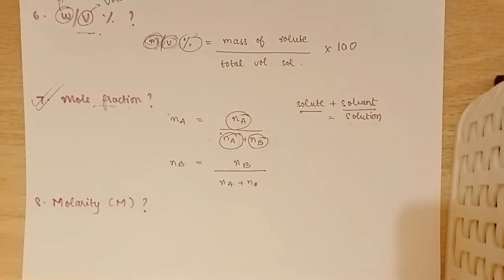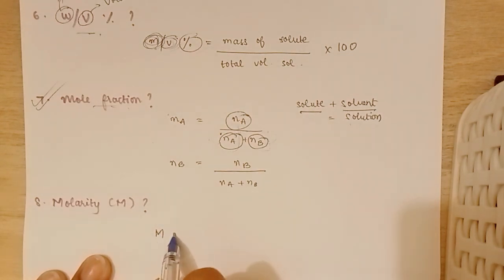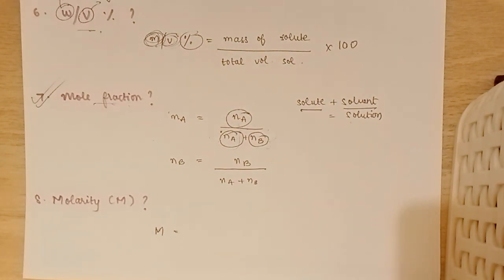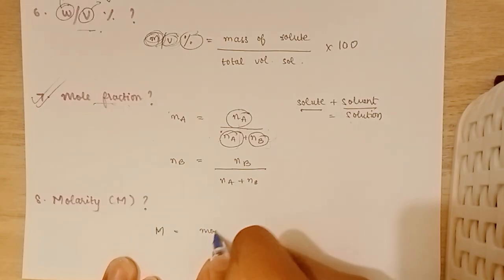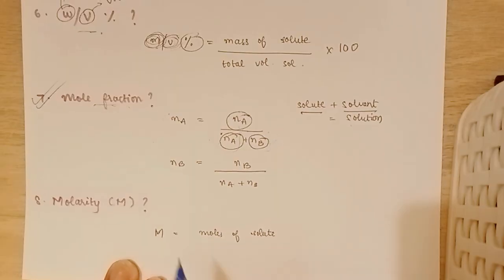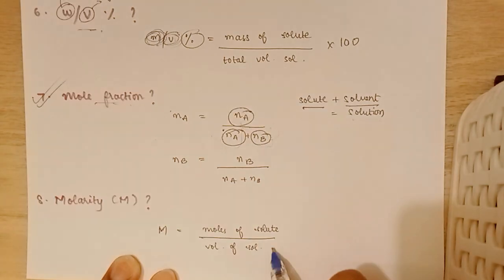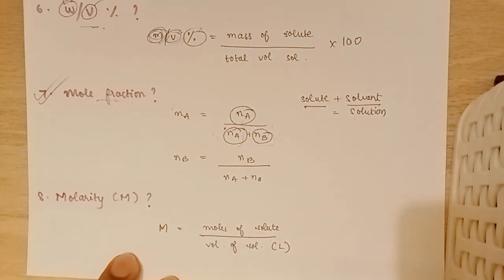Another important, and let's say the most important ones, are mole fraction and then molarity. What is molarity? Molarity is represented as capital M. Molarity is the moles of solute divided by volume of solution in liters. So the number of moles of solute divided by the volume of the solution.